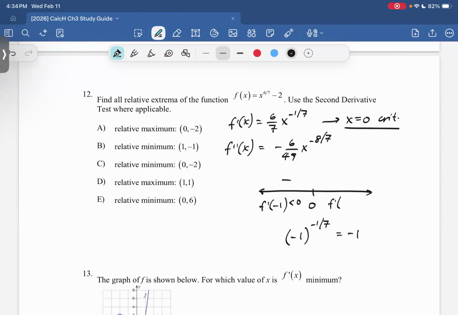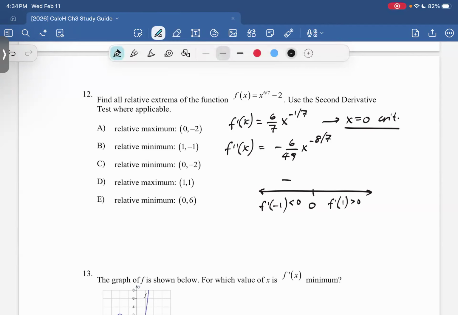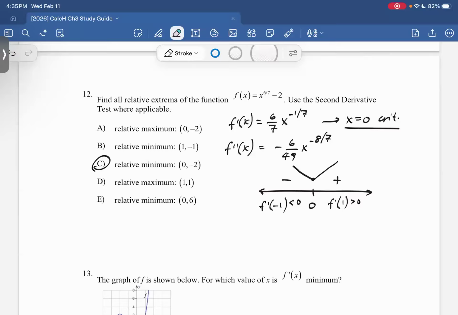However, when we plug in 1 to the first derivative, it's going to be positive because 1 to the negative 1/7 is equal to positive 1. So that means we should be having a minimum because it goes from decreasing to increasing, right? So we have a minimum at 0, -2.